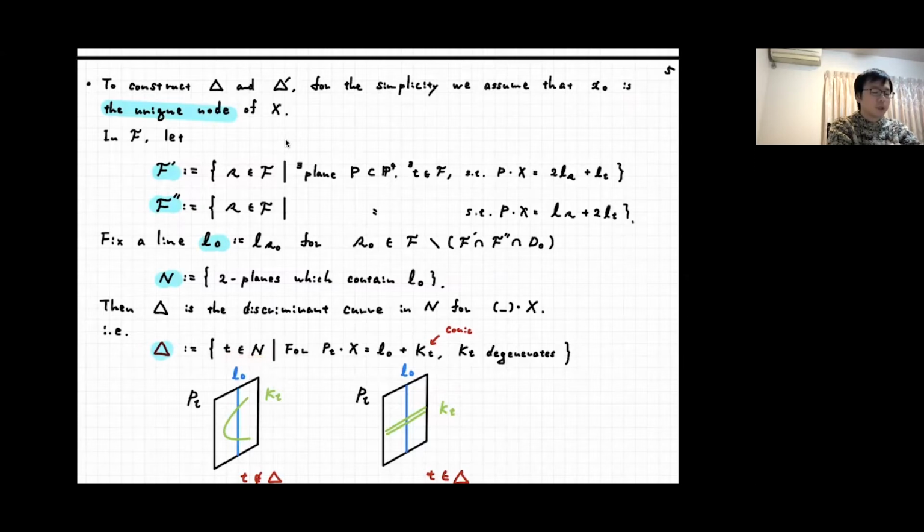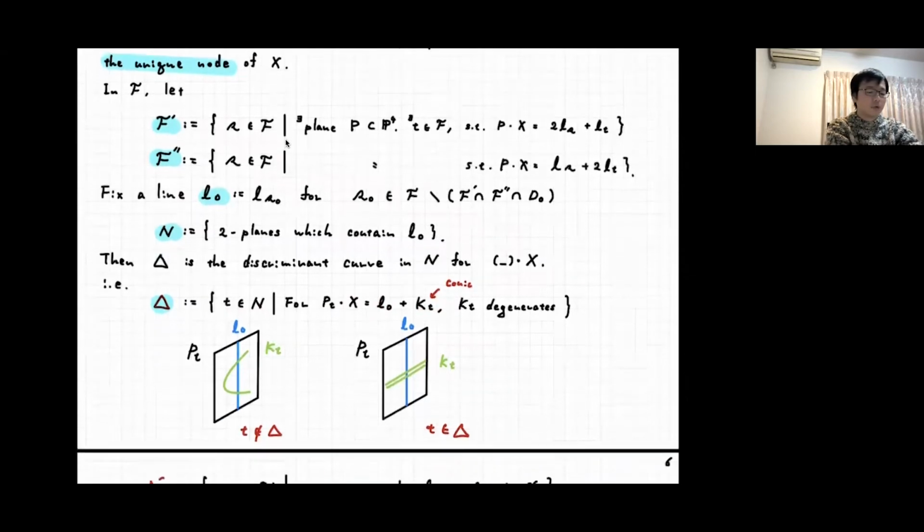And if we choose a T, I mean a plane in capital N, then since it contains at least 1 line, there is a possibility that another component of the intersection is given by the conic, or the conic could degenerate to just 2 lines. So here the discriminant curve delta is given by the latter case. I mean the T such that the intersection PT with the cubic threefold is given by 1 line and also the degenerating conic.